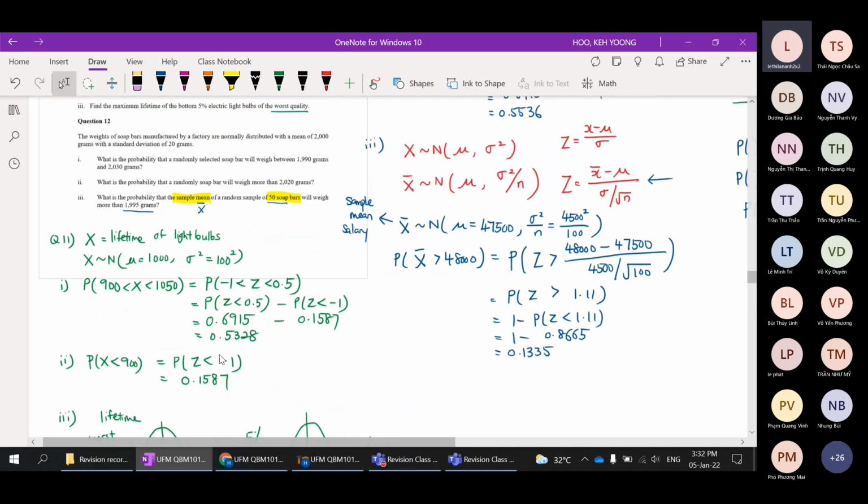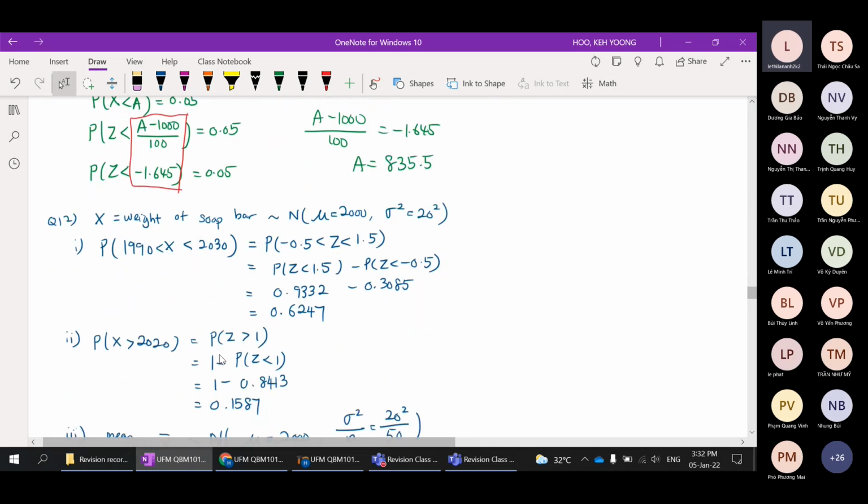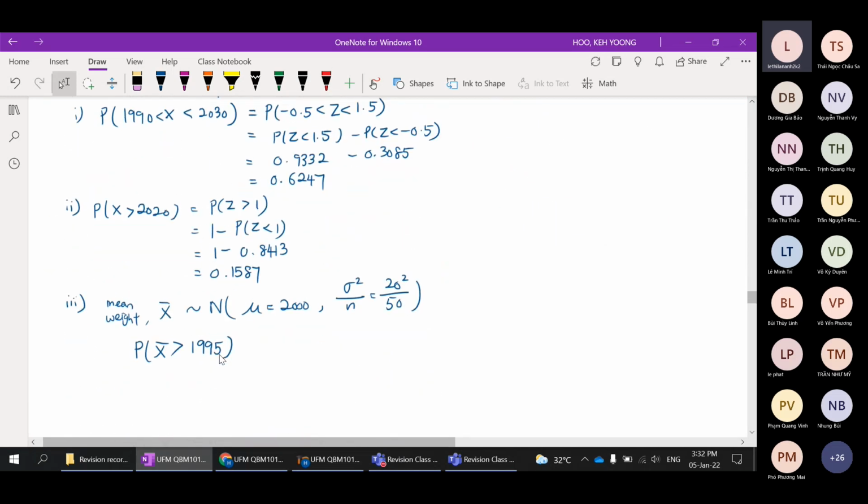Correct. Remember when you convert to Z, don't just divide by sigma. Take 1995 minus the mean, divided by sigma over square root n, because you're looking for the probability for the sample mean for a group of items.